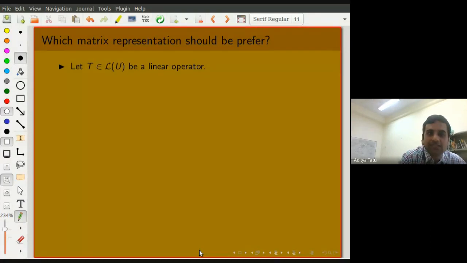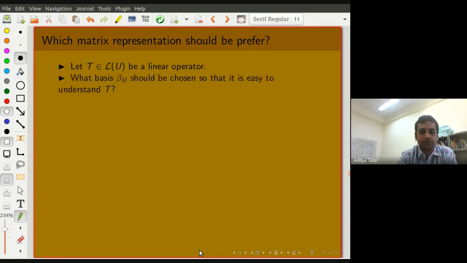That's the second question that we posed, right? What matrix representation should we prefer if the goal is to intuitively understand a linear transformation or a linear operator? That question now translates into what should the basis be chosen so that it is easy to understand that linear transformation T?